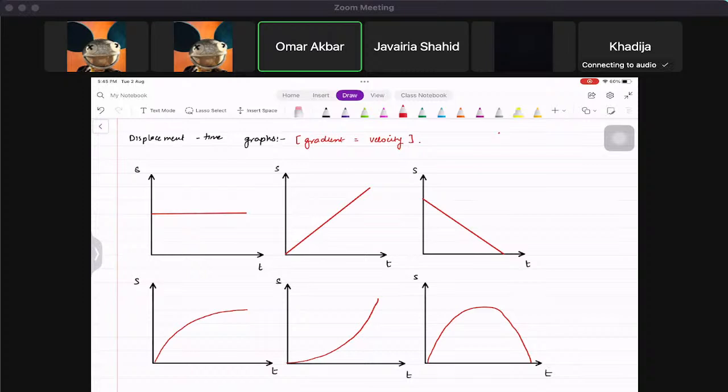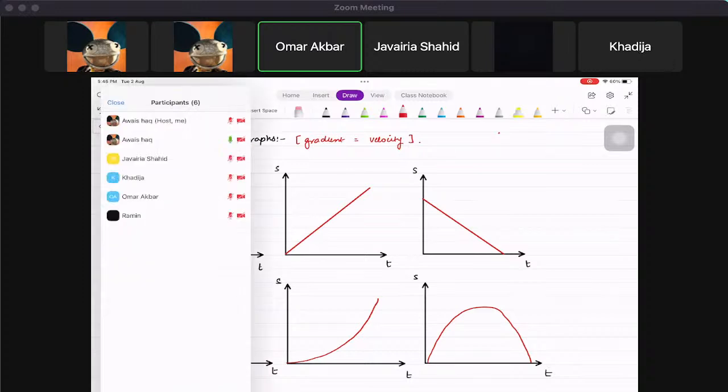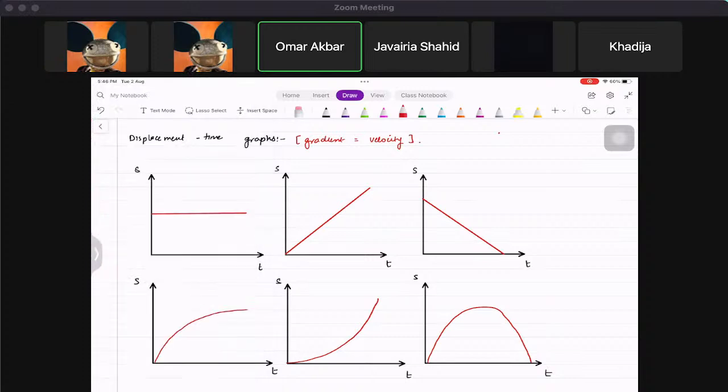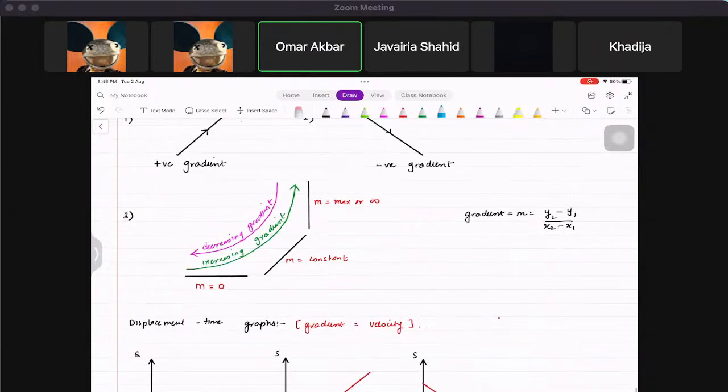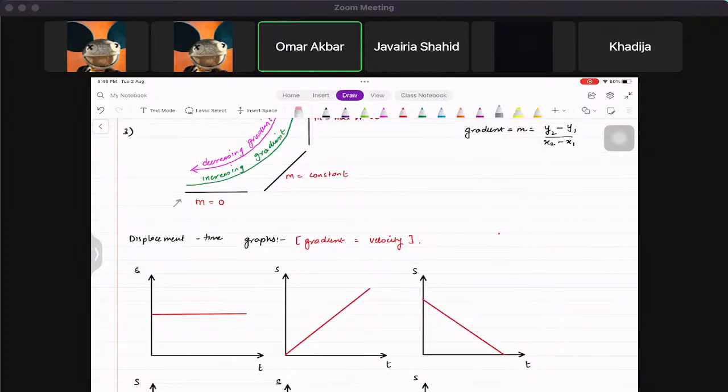Okay. Everybody. Now, what you're going to do is you should understand from the very first thing that in the first section it exactly looks like this line right here, as you can see, which means the gradient is 0. Hence, we would write that the velocity here is 0. Is it clear, everybody?